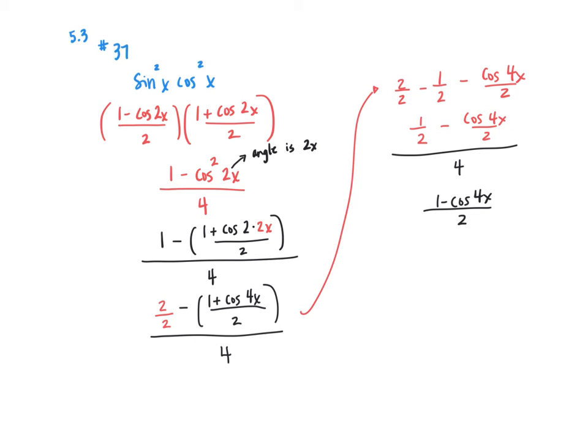Well, that's really going to be times 1/4. So that's going to give me 1 minus the cosine of 4x all over 8, which is fine. Or you might have an answer that looks like this: 1/8 minus 1/8 times the cosine of 4x. And there you go.